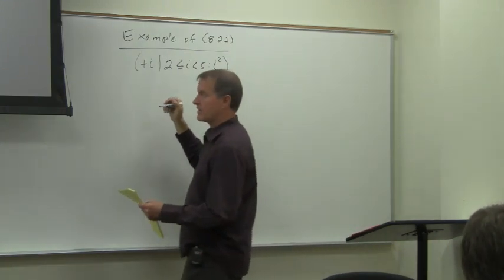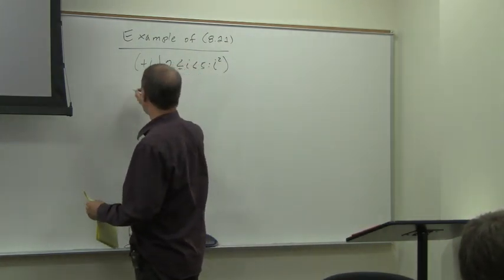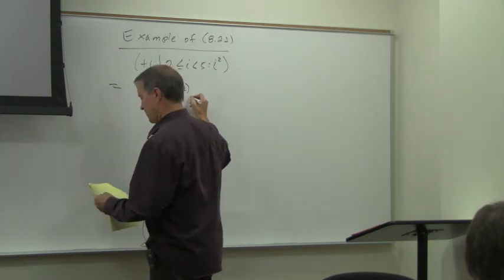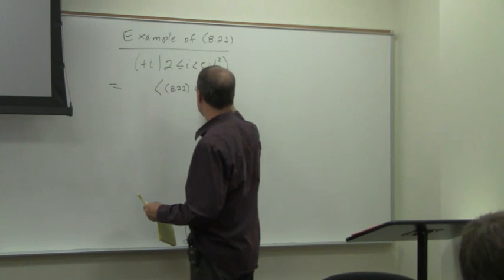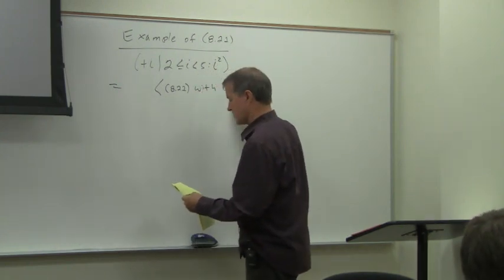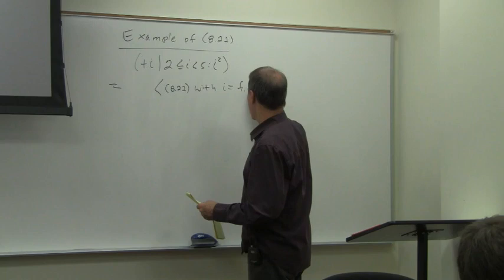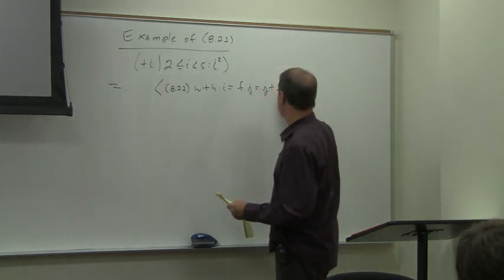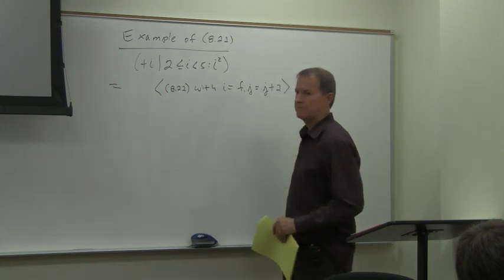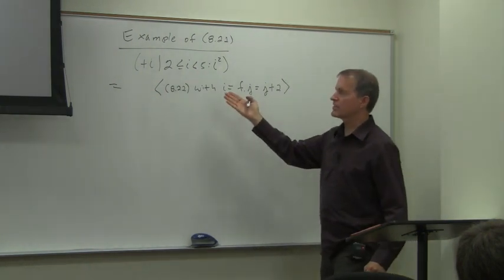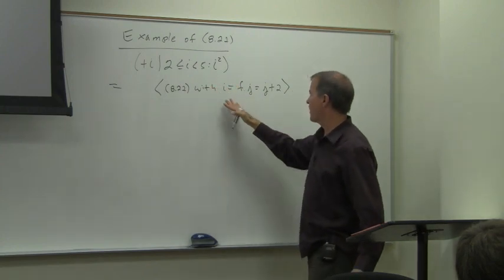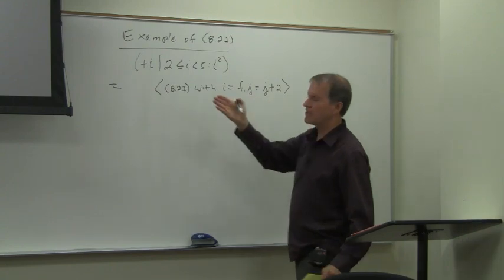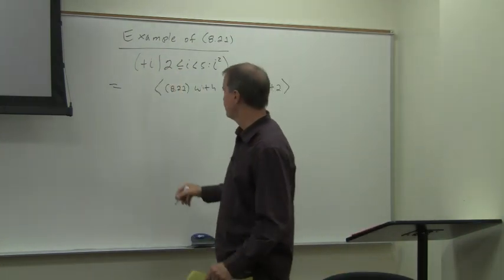Instead, let's use 8.22. So this equals, by 8.22, with I equals f of J, which in this example is J plus 2, so we change the dummy from I to J with the function I equals J plus 2. Now what does that axiom say?